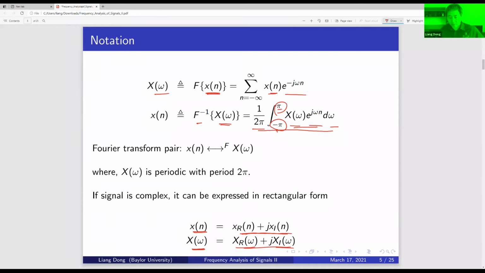In this case, we need to deal with complex numbers because I'm going to multiply by these harmonics, which are represented by a complex number anyway. It's the exponential e to the power j omega n, e to the power negative j omega n, using the Euler identity. So it's not the real cosine and sine function. Therefore, I am dealing with complex numbers.